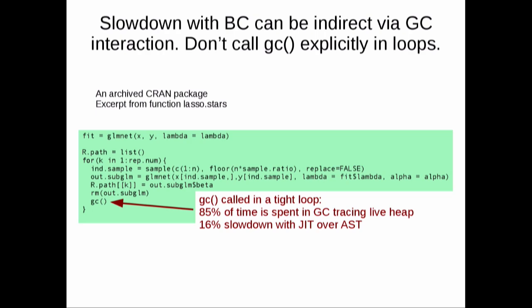It is just repeatedly tracing the same heap all over again, the same live memory, not doing anything useful. And there is a slowdown with the bytecode compiler because the bytecode itself contains some code, and so it's just tracing more of the heap. So just removing this call makes the program run several times faster.